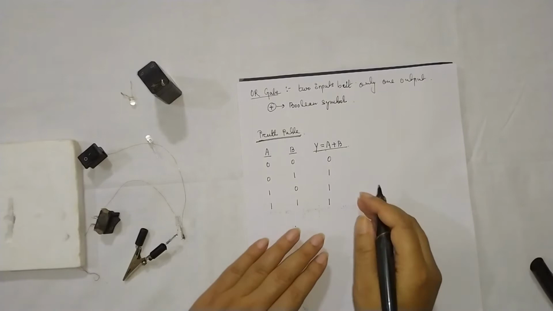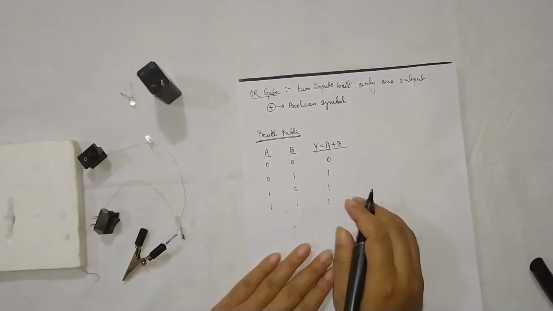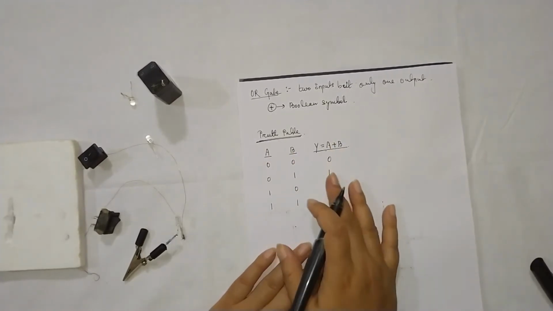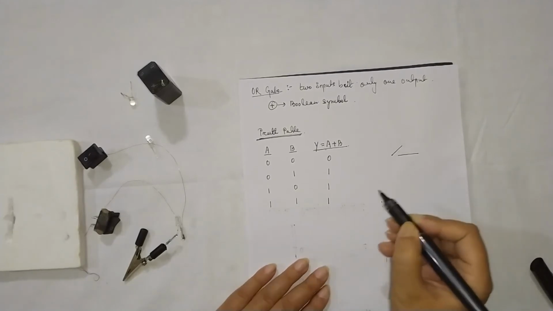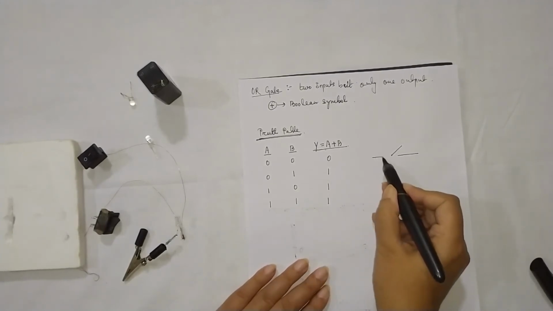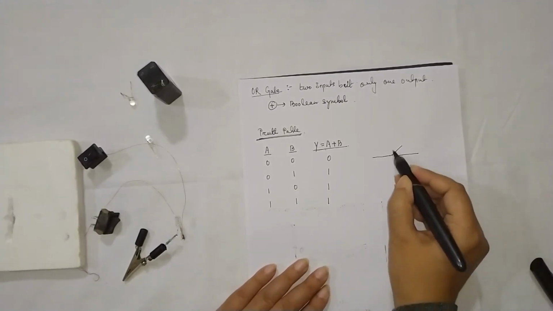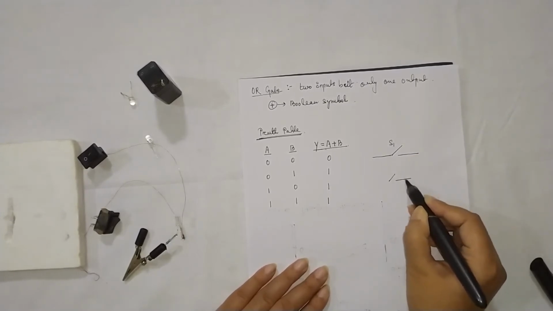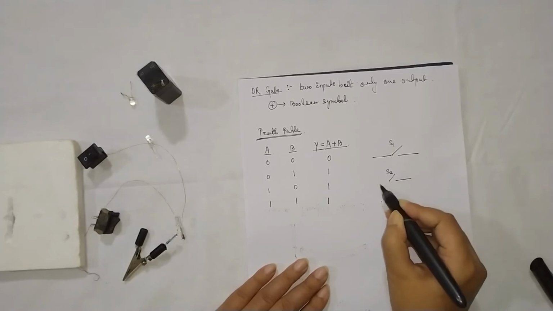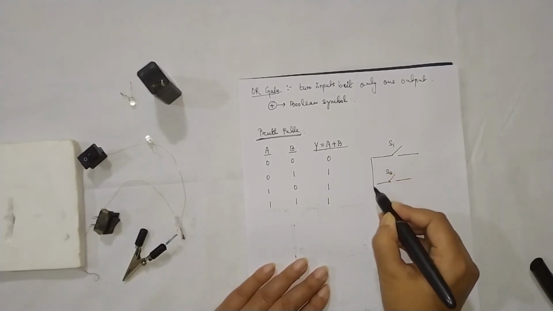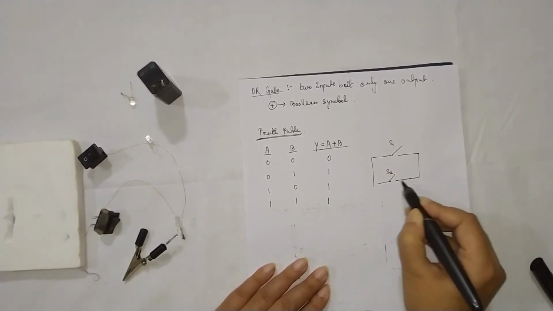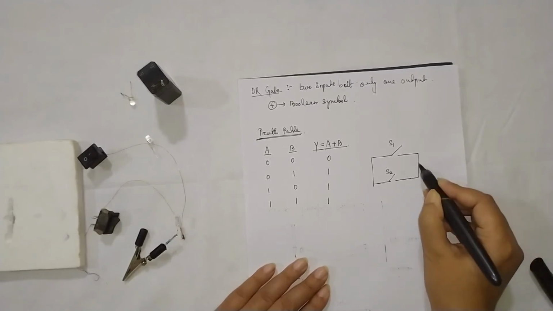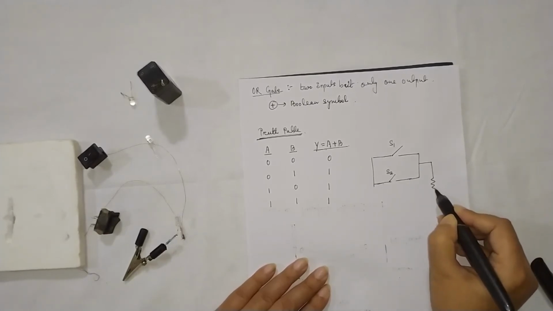Now let us draw the circuit to prove this OR gate. This is switch 1. This is your second switch 2. They are connected in parallel with a resistor.